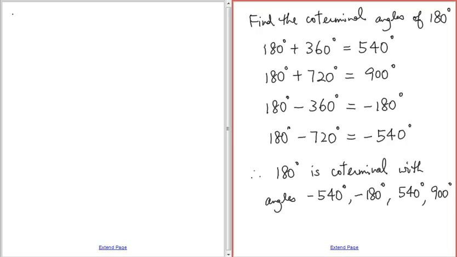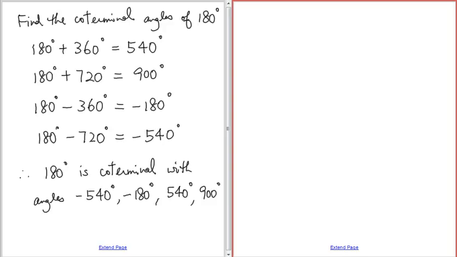I put them in order. It would be nice, don't you think so? Putting them in order would be nice, right? Yes. This is just an example I show you. The question will tell you how many you need to show, right? Indeed, how many coterminal angles can we have? Infinitely many, right?